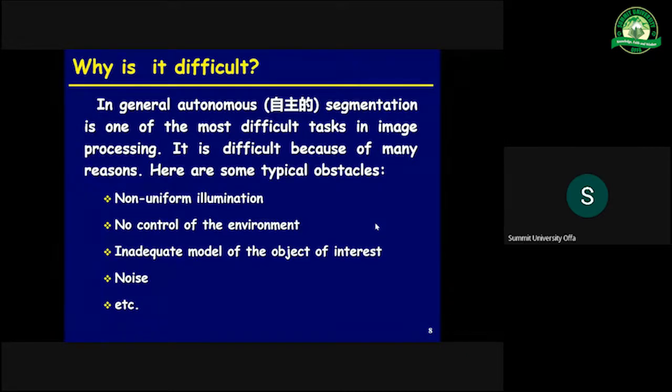Autonomous segmentation is also tough because you may not have control over the environment, and there may be an inadequate model of the object of interest. Again, it may be a result of noise. Don't forget, noise in an image is totally different from noise in music. So these are some of the reasons why image segmentation seems a bit tough.